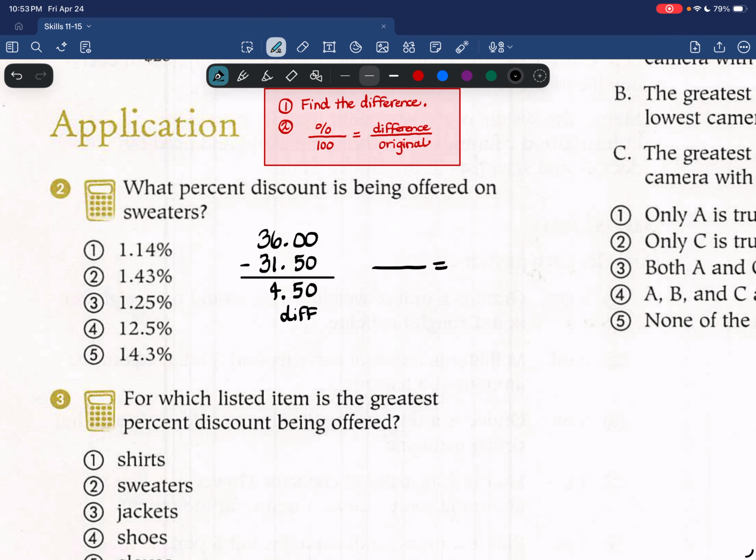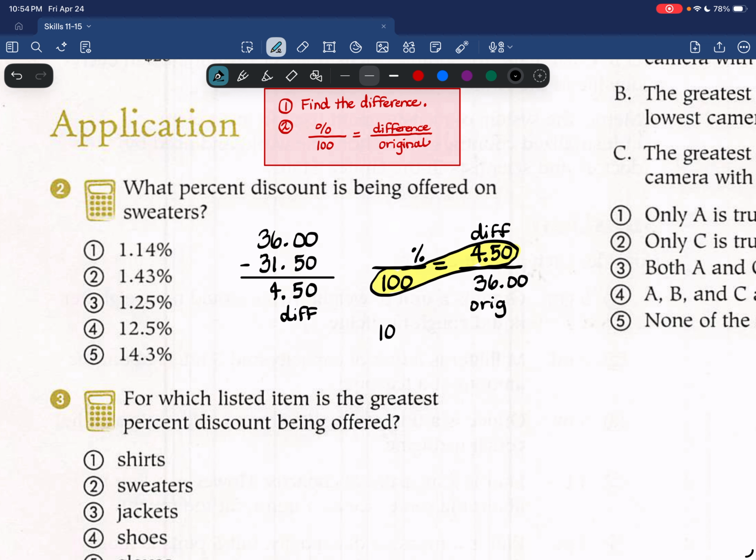And then I will take that difference and automatically put it in its correct seat. I know that 100 goes here and that this is going to be a percentage. This is the difference. This is the original, which was $36. I think this time I'm going to go ahead and put the zeros, but you don't have to. So I will be multiplying the peanut. That's just what I call it because it looks like a peanut to me.